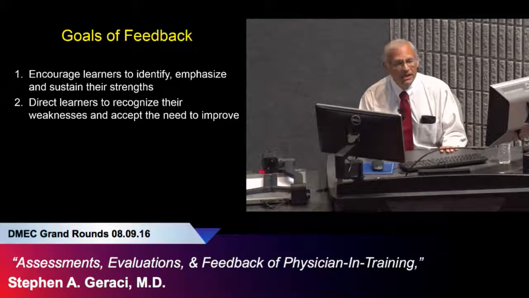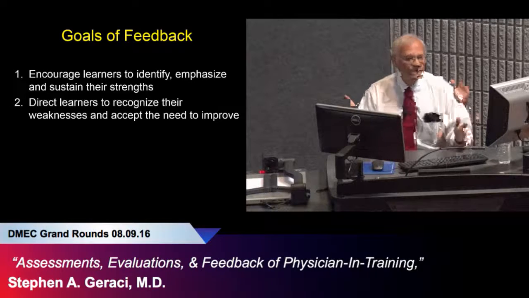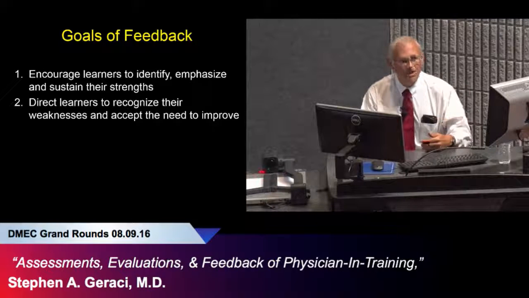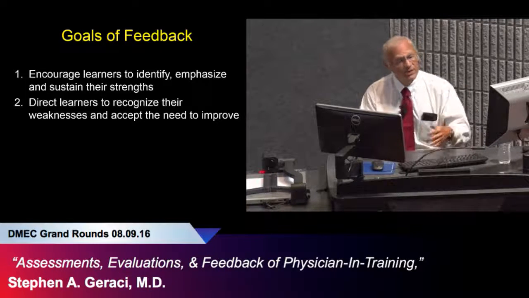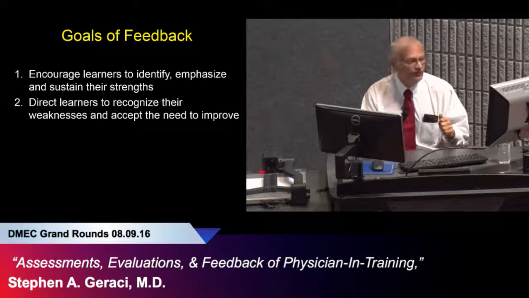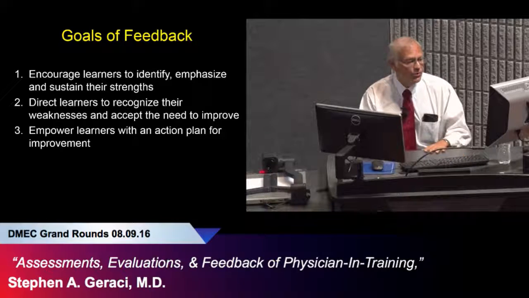You can't overcome an unwillingness to learn with any sort of teaching strengths. So the idea here is you want to get the learner on the right track, realizing, hey, this could be done better, or this wasn't done well, and yes, I understand it, so I want to do it better. You want to empower your learners with an action plan.